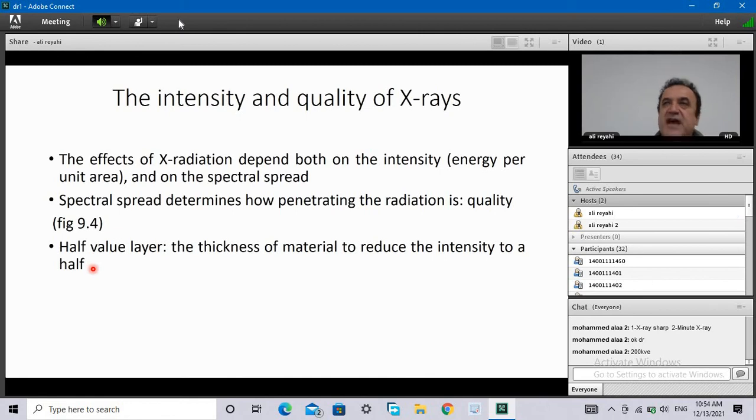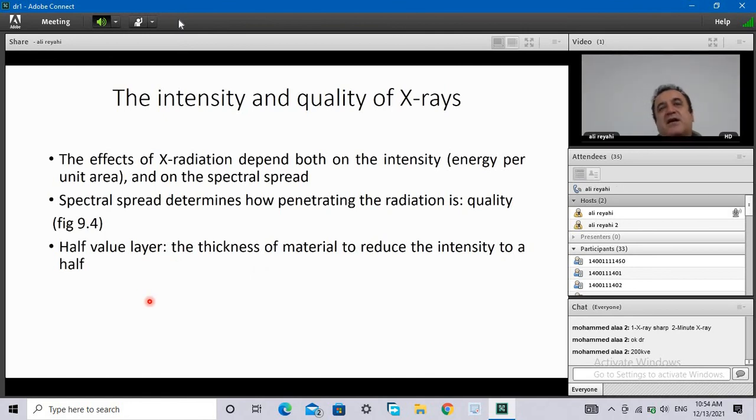Half value layer, we have an index, a shakhs, for describing the energy or the quality of X-ray. It is this, half value layer: the thickness of the material to reduce the intensity to a half.